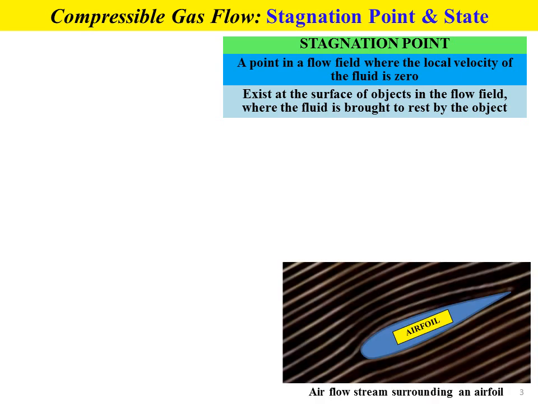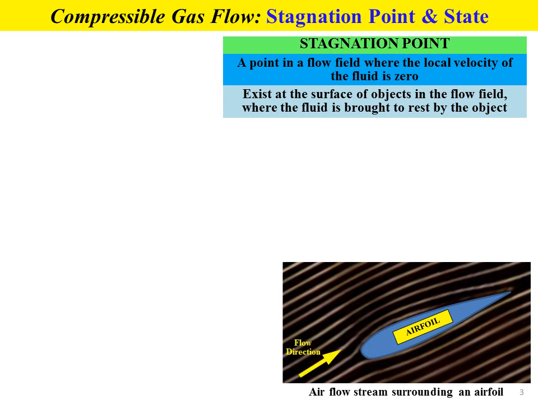To understand this definition, let us look at the figures, which show the airflow stream surrounding an airfoil. The white line is the smoke line, which represents the airflow in a wind tunnel.